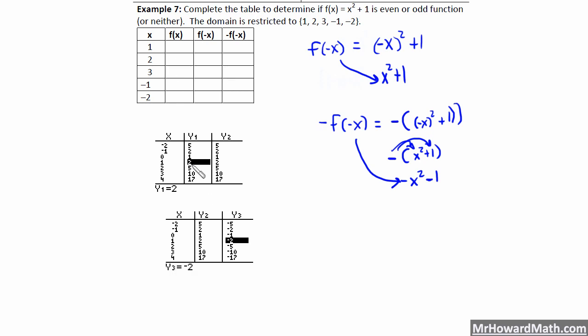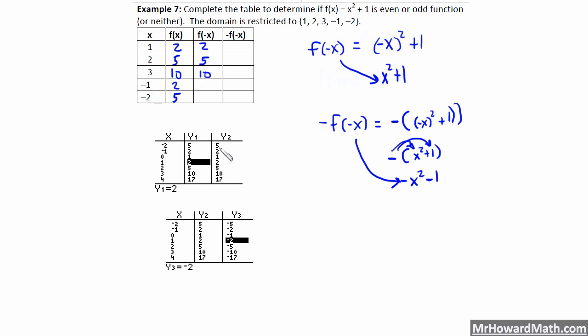Okay, so y1, when x is 1, it's 2. When x is 2, y is 5. When x is 3, y is 10. When x is negative 1, it's 2. When x is negative 2, it's 5. Okay, for f of negative x, that was in y2, so when x is 1, it's 2. When x is 2, it is equal to 5. X is 3, it's equal to 10.